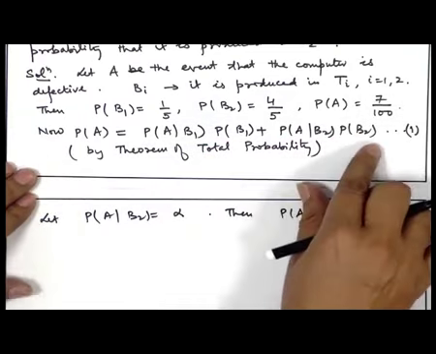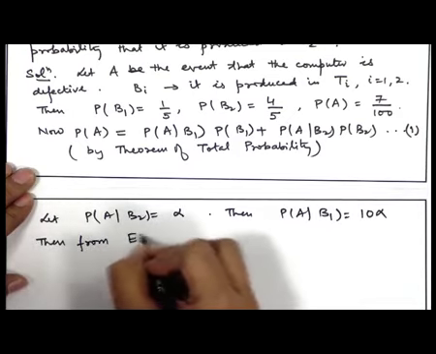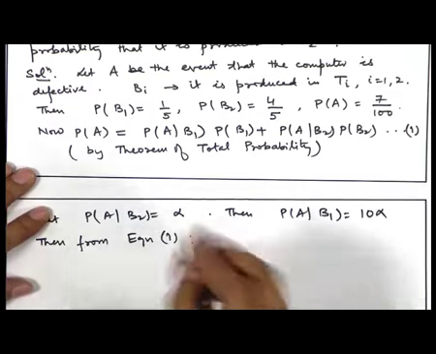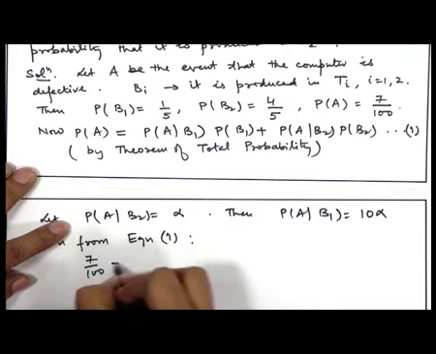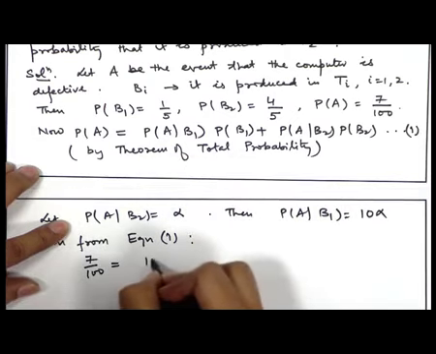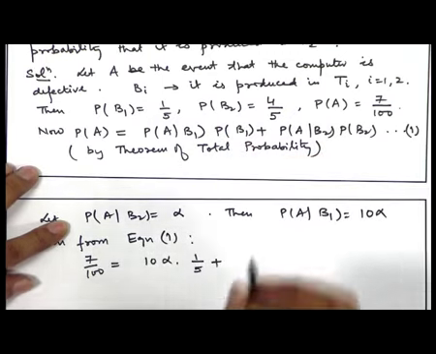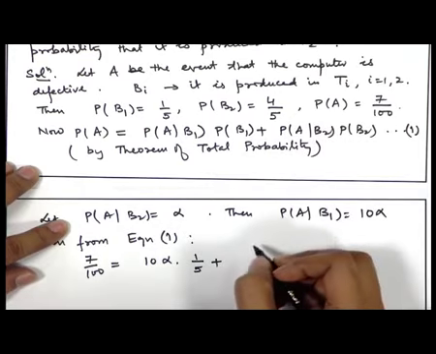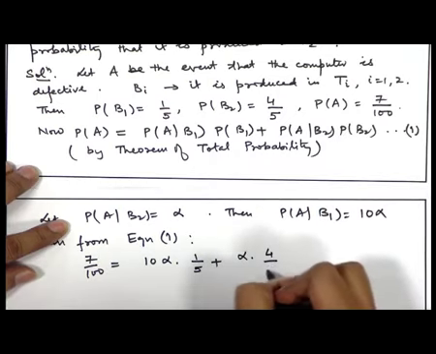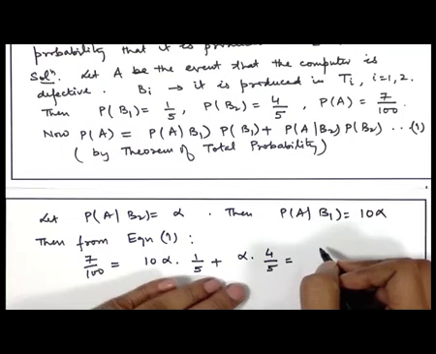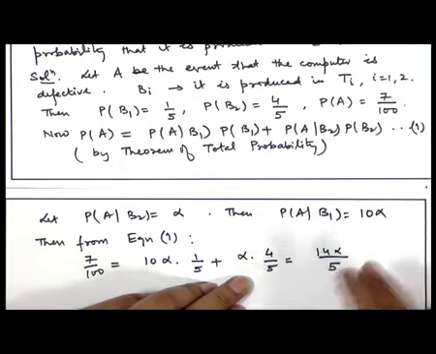In equation number 1, let us substitute this. The left hand side is probability of A, that is 7 by 100, equal to probability of A given B1, that is 10 alpha, into probability of B1, that is 1 by 5, plus probability of A given B2, that is alpha, into probability of B2, that is 4 by 5. That is equal to 14 alpha by 5.